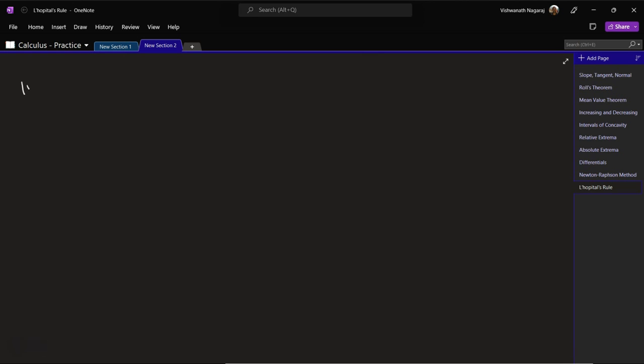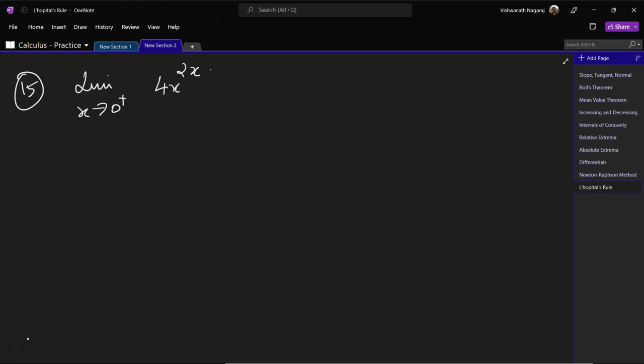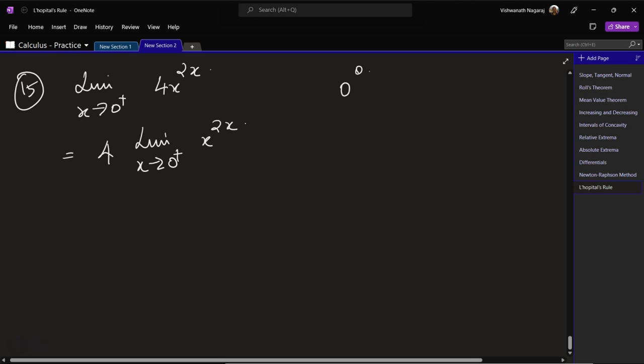Okay, 15th one. We have limit as x approaches 0 from the positive side of 4x to the power of 2x. Do direct substitution, you will notice that this will be 0 to the power of 0, an indeterminate form. So what do I do? Let's take the 4 out: 4 times limit as x approaches 0 from the positive side of x to the power of 2x.